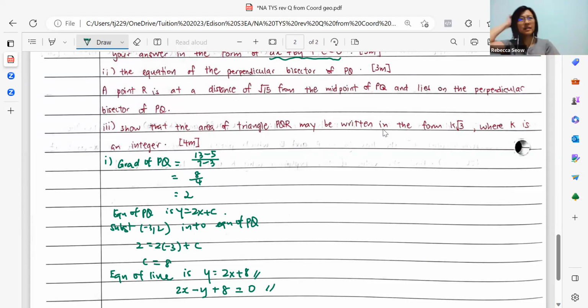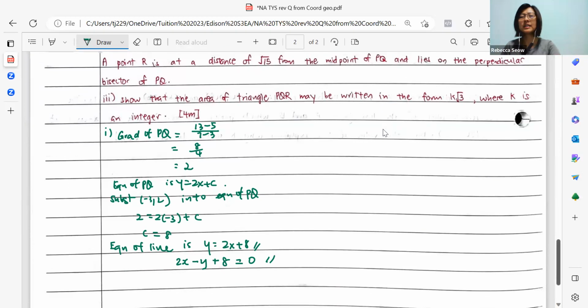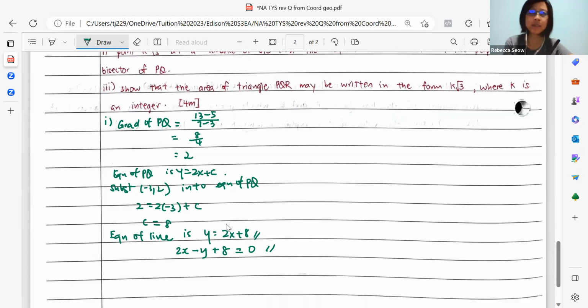Now, next part, we want to find the equation of the perpendicular bisector of PQ. Okay, so let's see. Perpendicular bisector of PQ means that the gradient can be found through the formula M1 times M2 equals to -1.